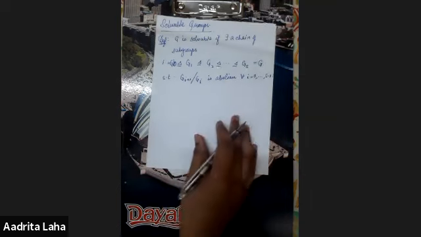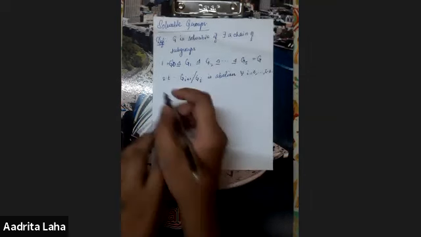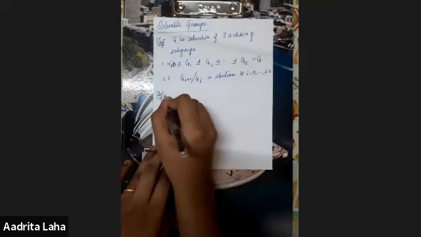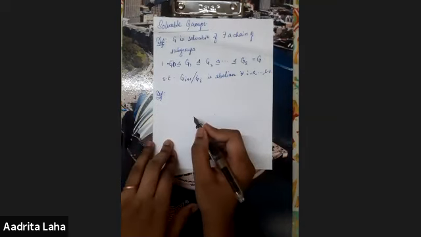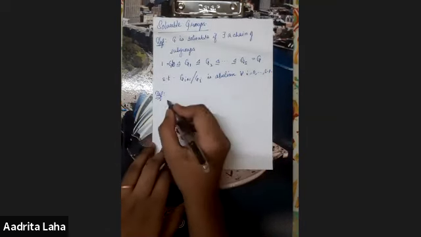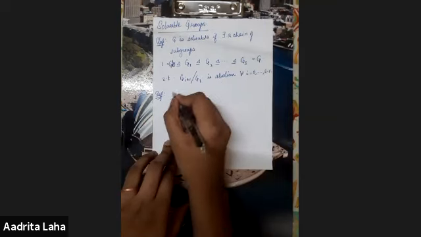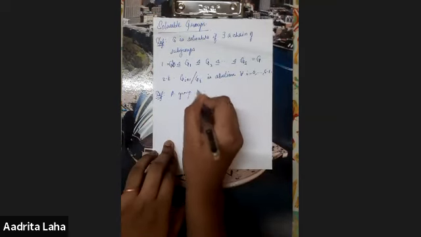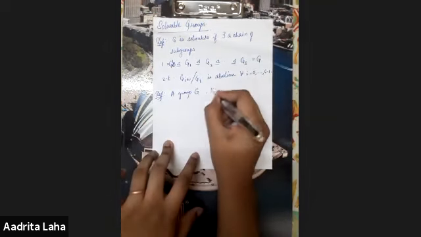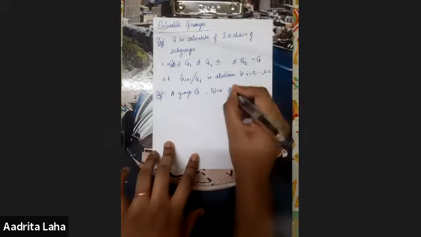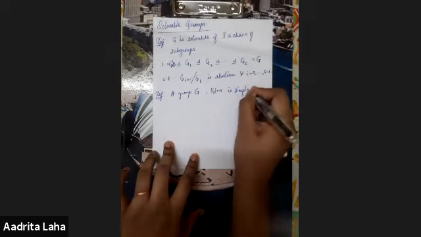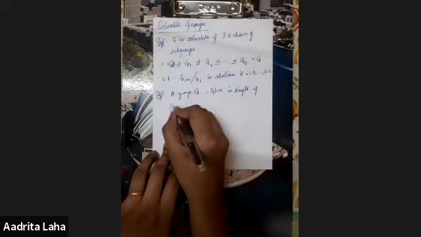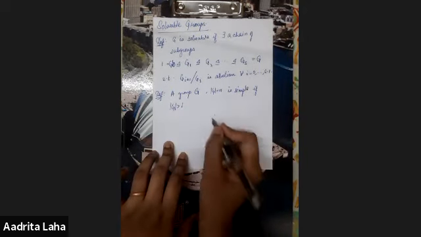And before proceeding, we give another definition. This is something we have already done in our group theory course. A group G where |G| equal to n is simple if |G| is greater than 1.